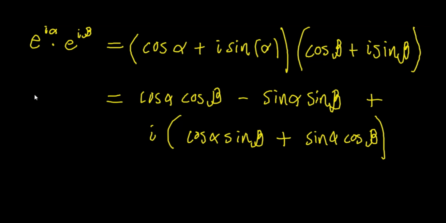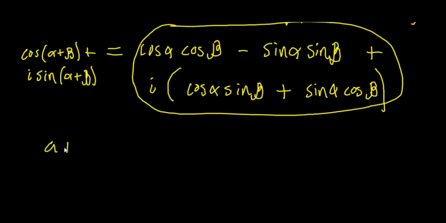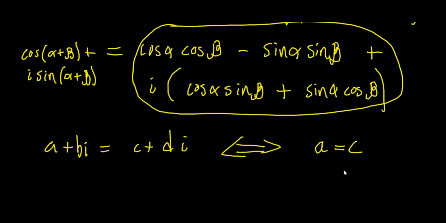So notice what we've just shown is that cosine of alpha plus beta plus i sine of alpha plus beta is equal to this guy right over here. And remember, when two complex numbers are equal, if I say a plus bi is equal to c plus di, then this is the same as saying that a is equal to c and b is equal to d.